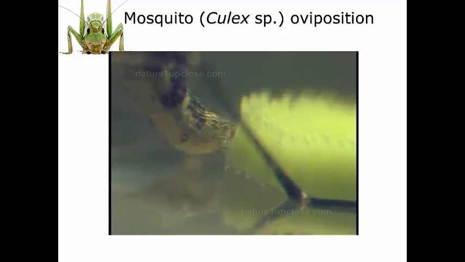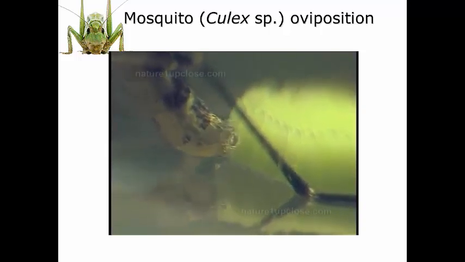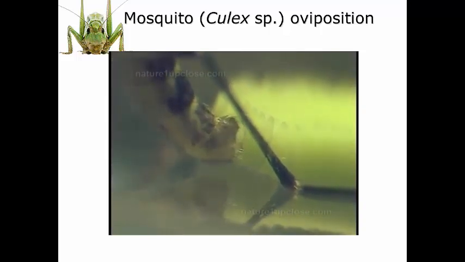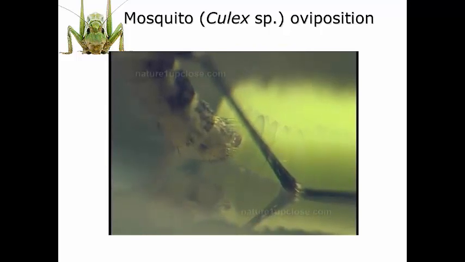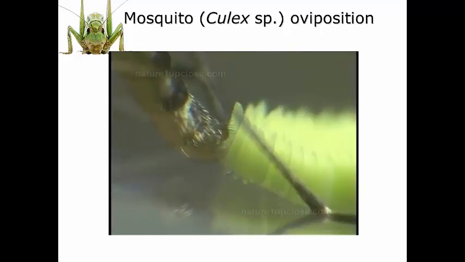So that ovipositor isn't exactly long, it's not huge. It is very small in this particular insect, in this mosquito. You're going to see great variety in the size and the shape of these different ovipositors. It just depends on the insect and again depends on their life history.